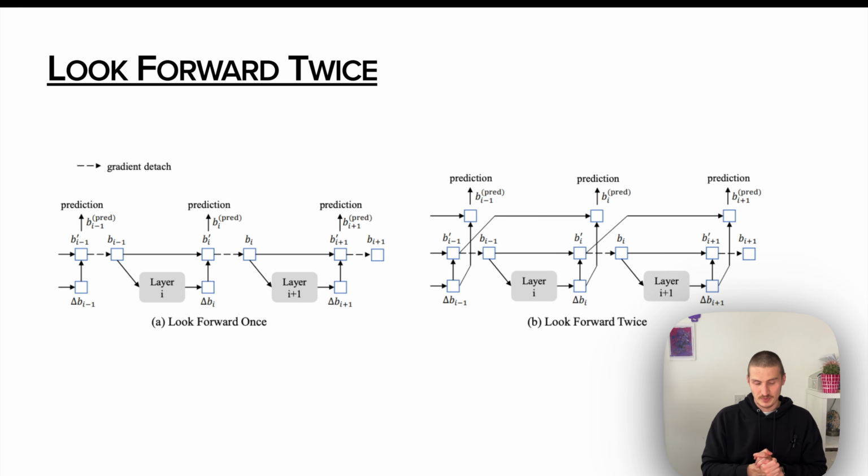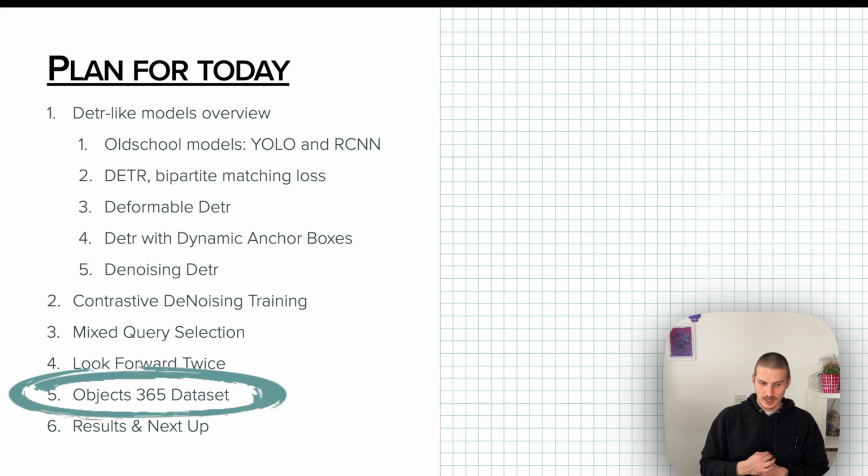And this is depicted in the picture on the right, where the anchors, for example, from the first layer are connected to the gradient of the first and second layer. And they did an extensive ablation study on that, and they indeed show that this look forward twice connection scheme works better. And I'm assuming that they also tried look forward 3 times and just connected all of that, and it didn't work as well.